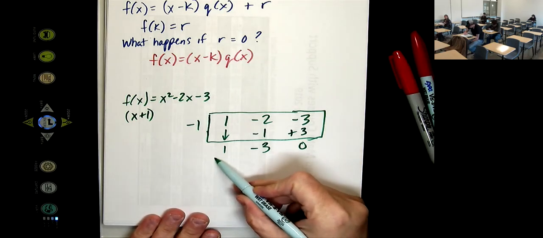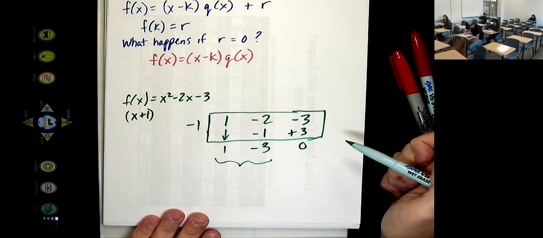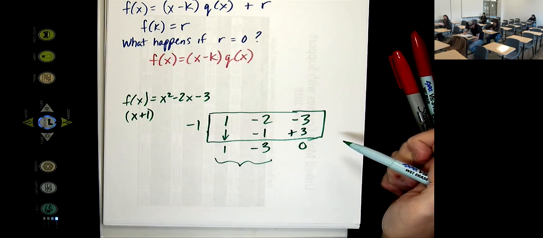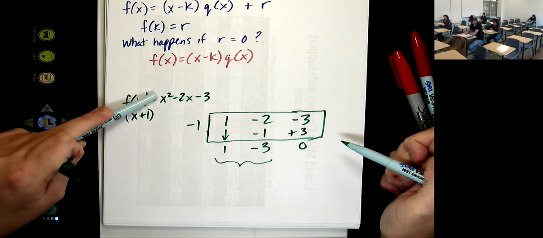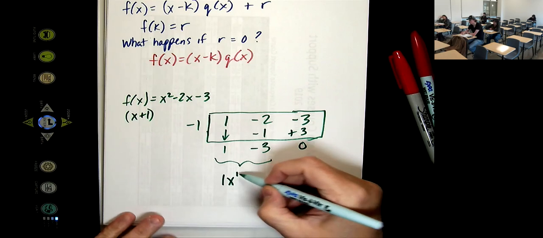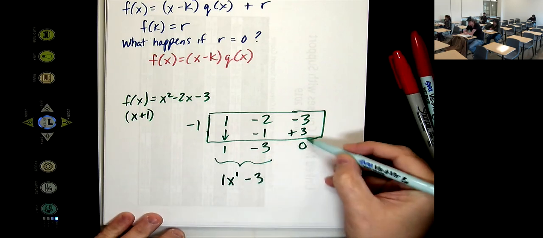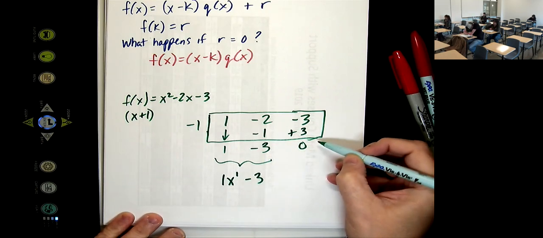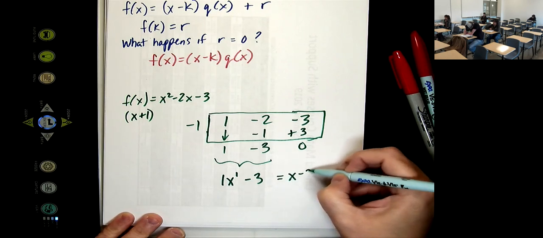What does this give me? We started off with a degree of 2, so we write it as the coefficients of a degree that's 1 smaller. And I have no remainder, so I don't need to worry about that. This is just x minus 3.